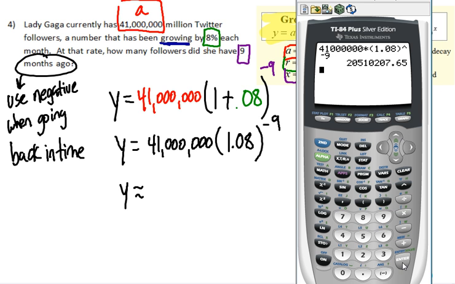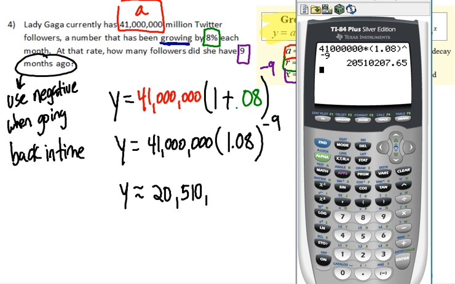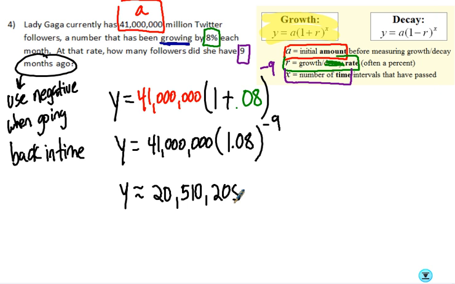And then you get negative 9. So our number looks like we get 20 million 510,000 200. We'll round to 208 Twitter followers. So that would be our answer.